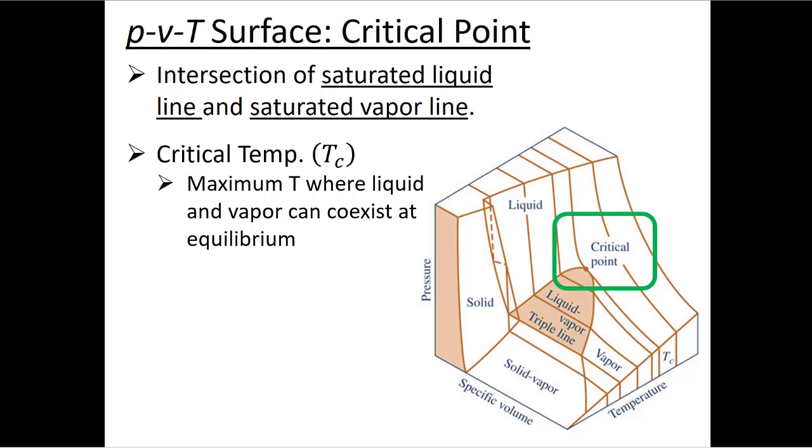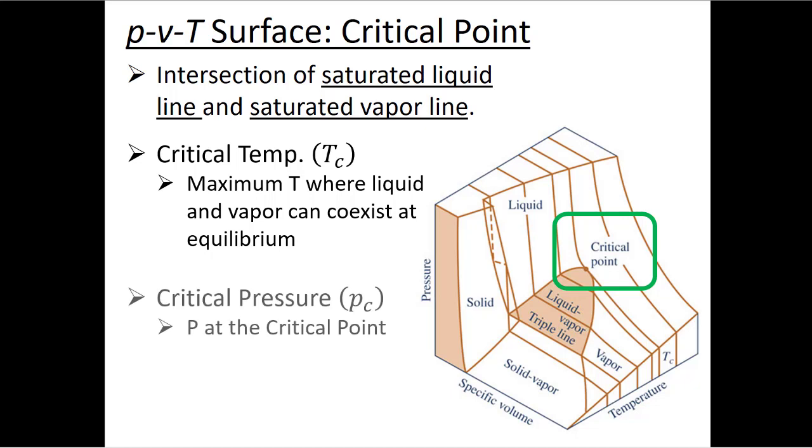You'll go right from liquid and flash into vapor at equilibrium. So you can't have this combination of water and water vapor if you're above this critical point. There's a pressure associated with the top of this curve as well, and that pressure is called the critical pressure.